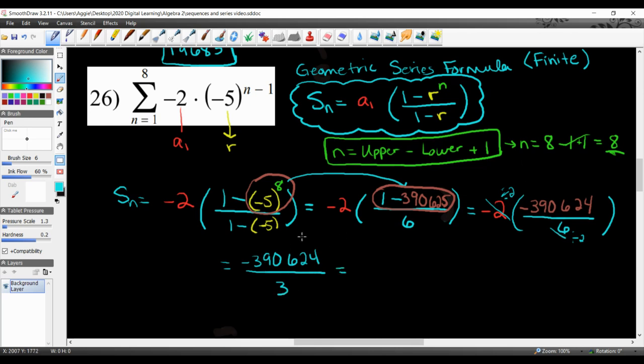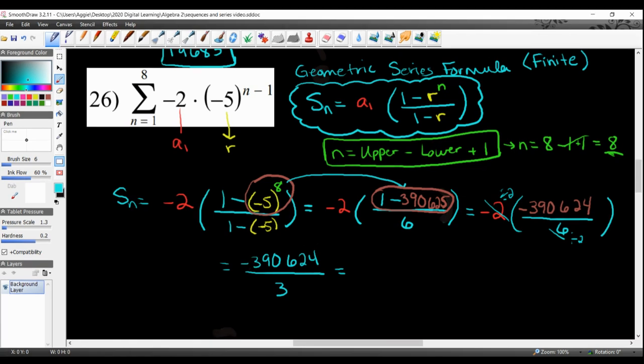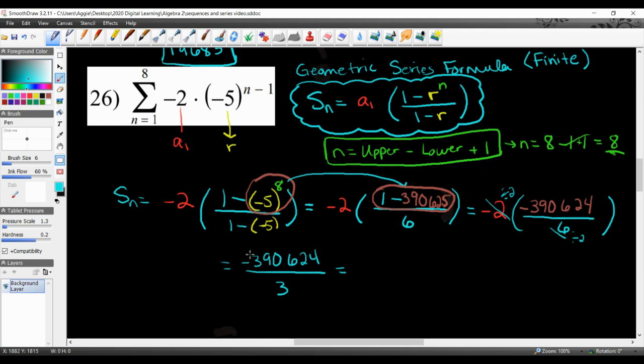And then finally, I just divide by 3, and if you go ahead and do that, you should end up with, let's see, what did I get here? Negative 130,806, I believe. And yeah, that's pretty much the answer.